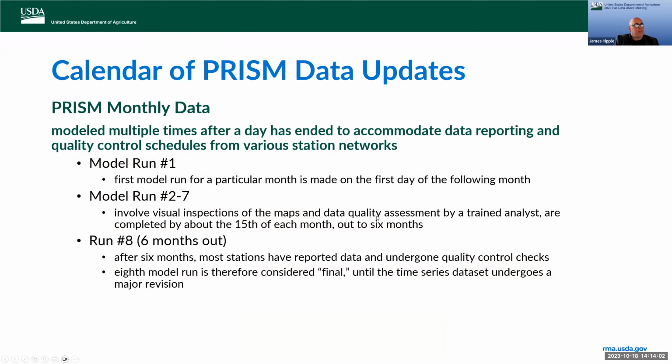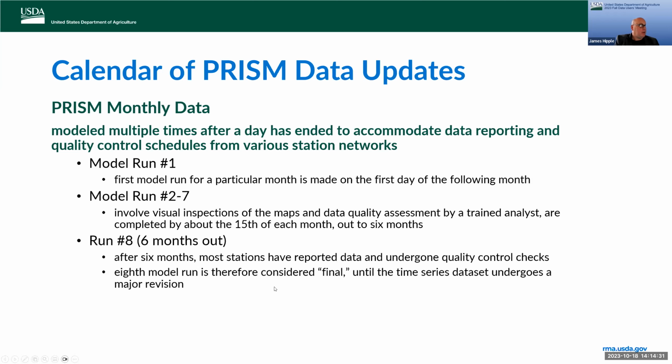The same thing happens for the PRISM monthly data sets, where it's run multiple times to accommodate that data reporting and quality control from the various station networks. So the first model run is made the first day of the following month. Runs 2 through 7 are completed about the 15th of each month out to 6 months.